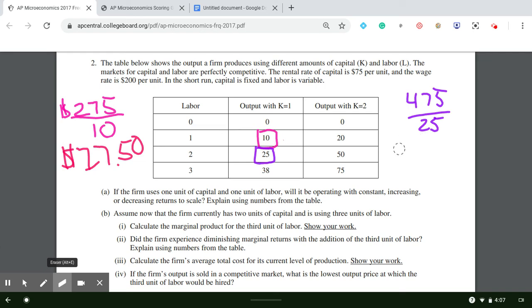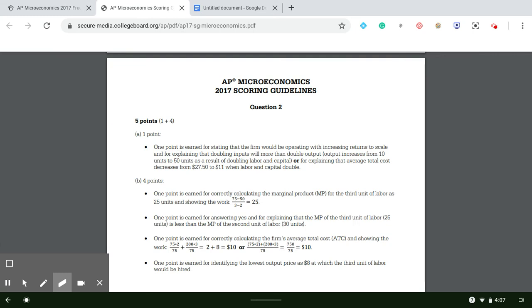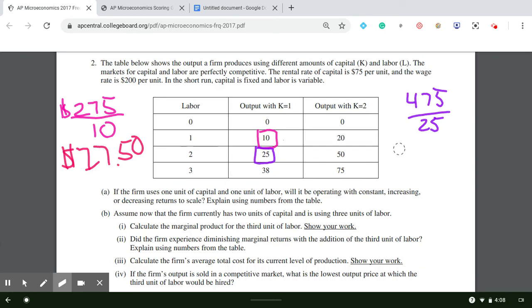And this one, where are we getting 11? Be careful real quick. Oh, this says labor, and so if they both double, we get to 50, and we're no longer at this.